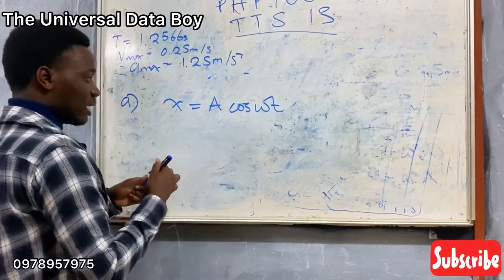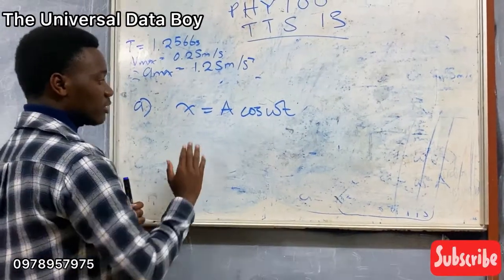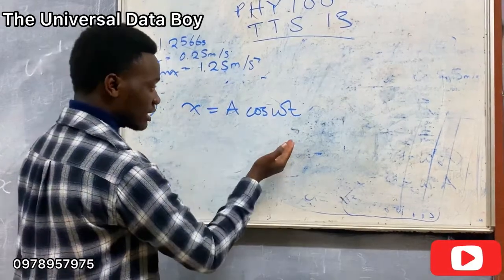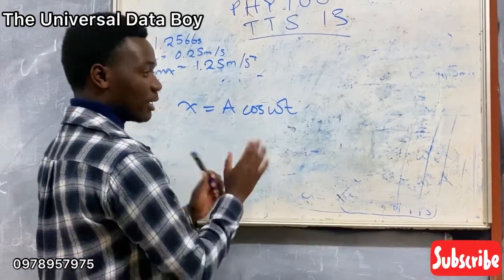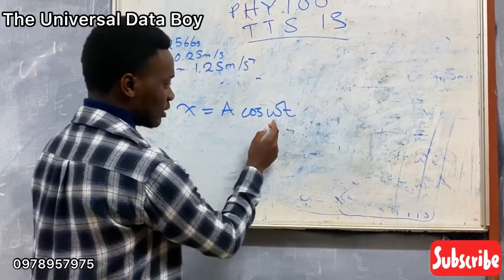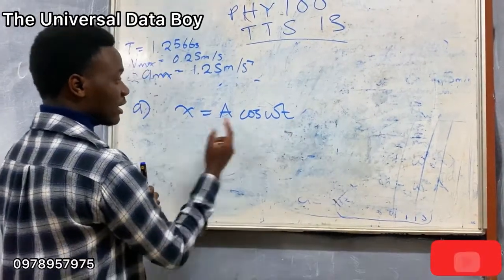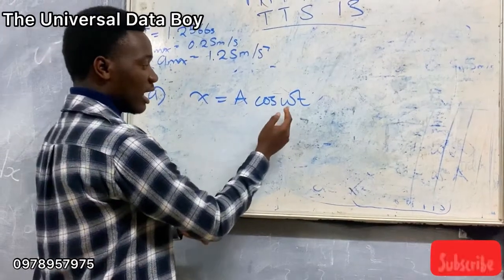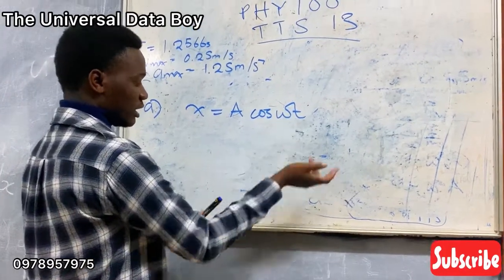When something says as a function of, what it simply means is that what's on one side is the position, the X, then what's on the other side should all be constant apart from time. So this is the constant, this is the constant, then I've got our time. So as the time changes, the X will be changing, since the A and the angular frequency are not changing.